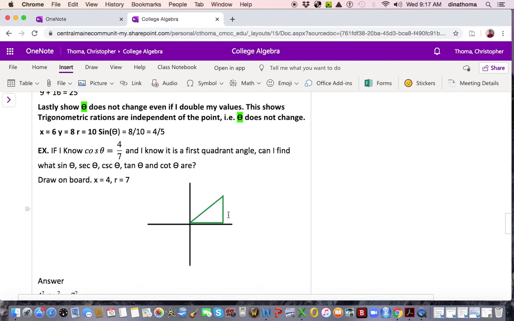So again, if this is 4, 7, I'm just going to write it this time to save time.